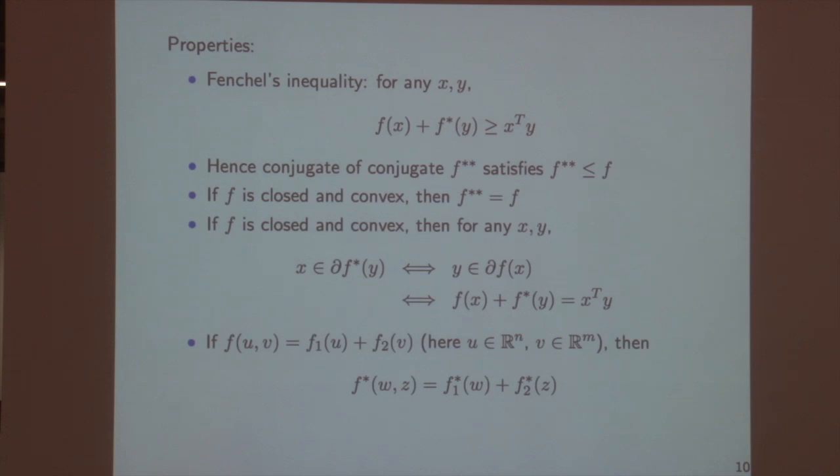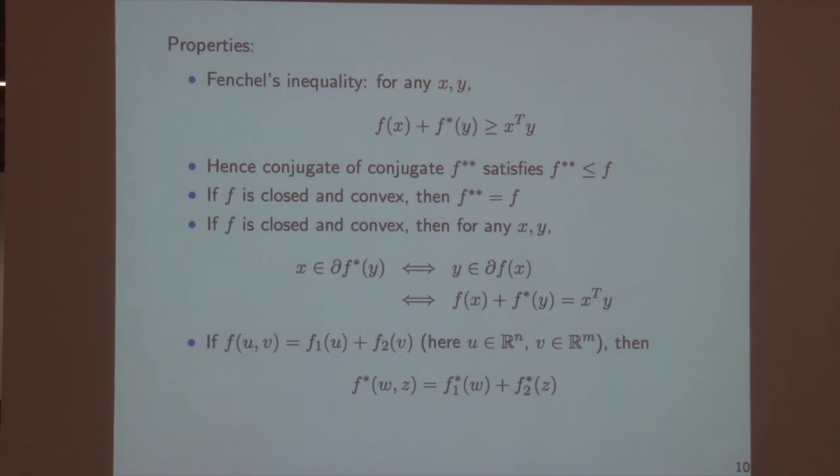So what are some properties of the conjugate function? Why do we care about it? Well, it has a lot of nice properties, and we also can use our knowledge of conjugates of known functions to build up conjugates of larger sums of functions, for example, or compositions of functions. That ends up being very useful in deriving duals. So here are some of the properties of conjugate functions.